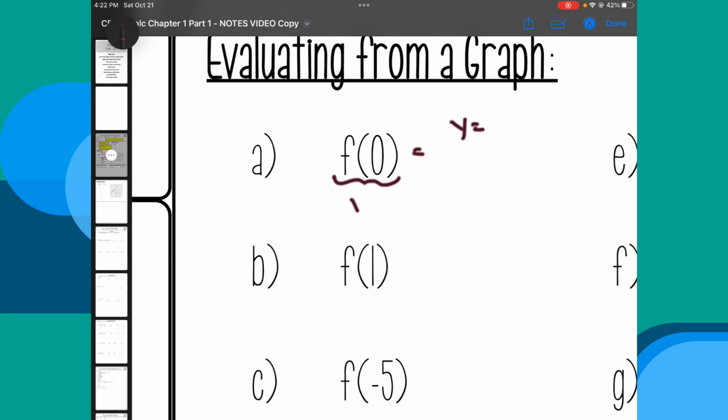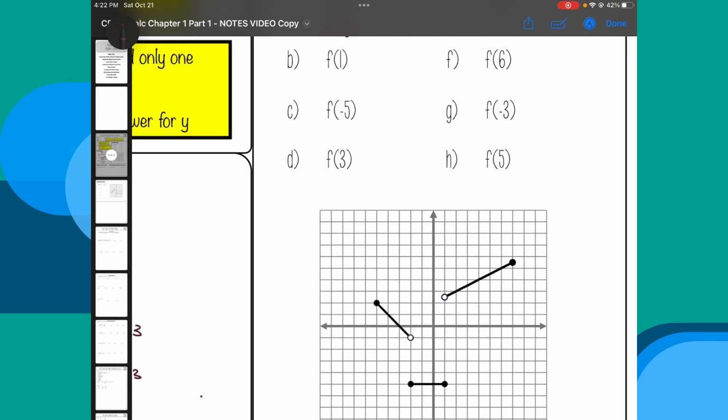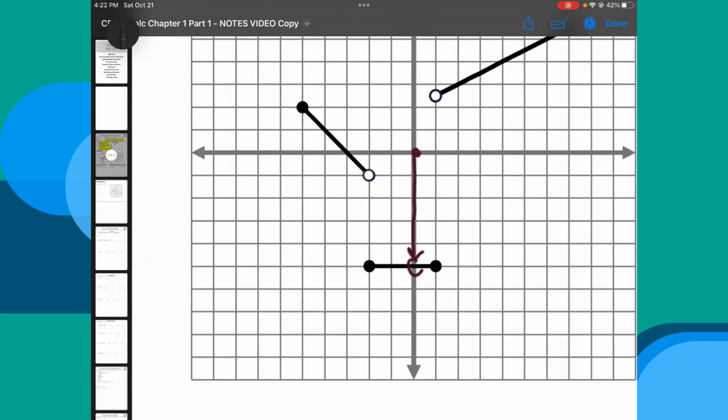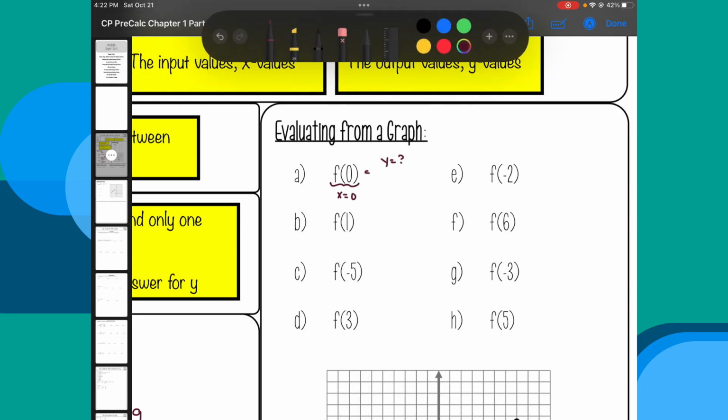So y equals what? And at the same time, they're telling us x is 0. So we're going to go to the graph. We're going to find where x is 0 and then locate our y. So at this point right here, y is equal to -1, 2, 3, 4, 5. So f of 0 is equal to -5.